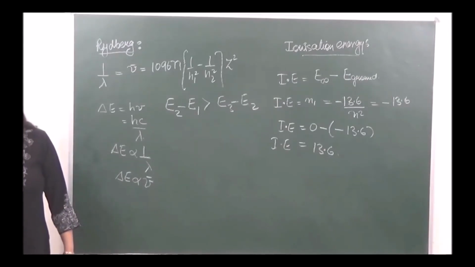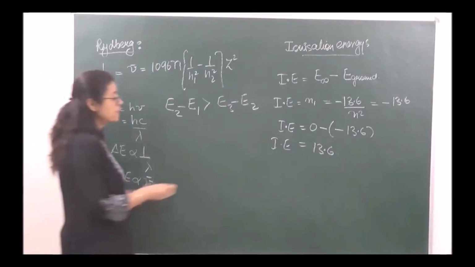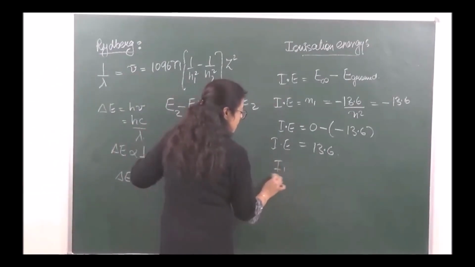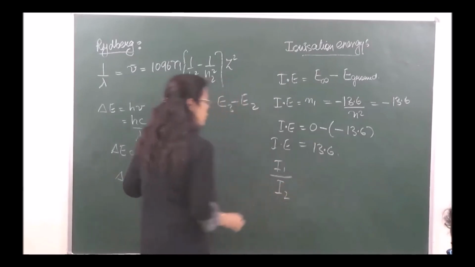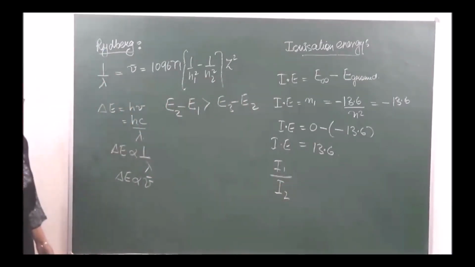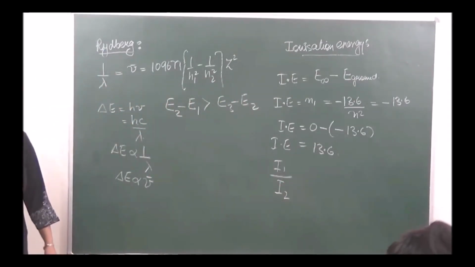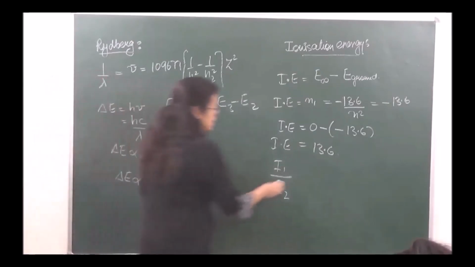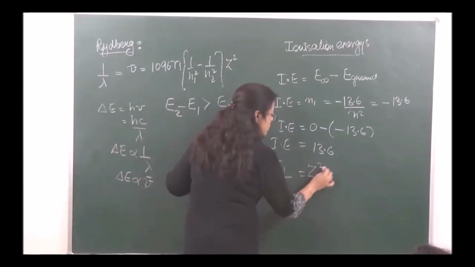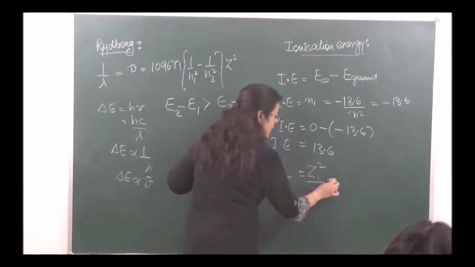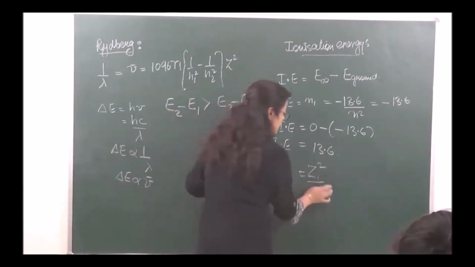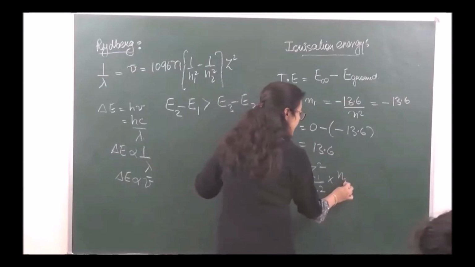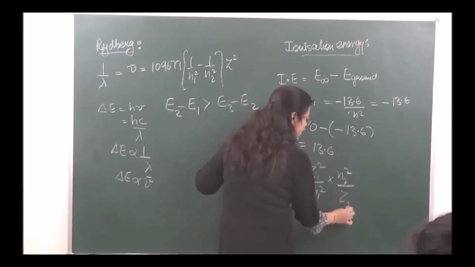Now when we are talking of ionization energy in the first level and ionization energy in the second level, so I1 upon I2 can be given as Z1 square upon N1 square into N2 square upon Z2 square.